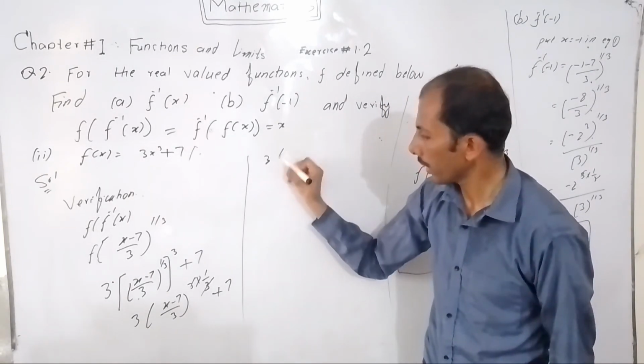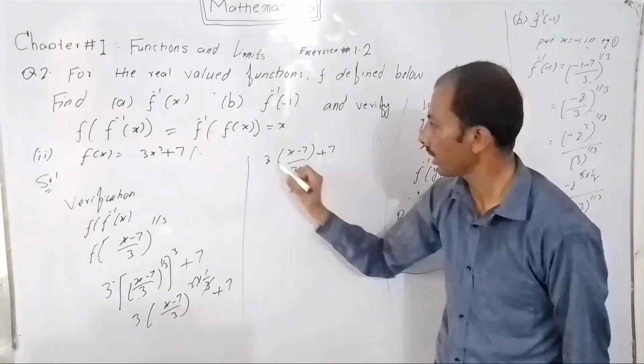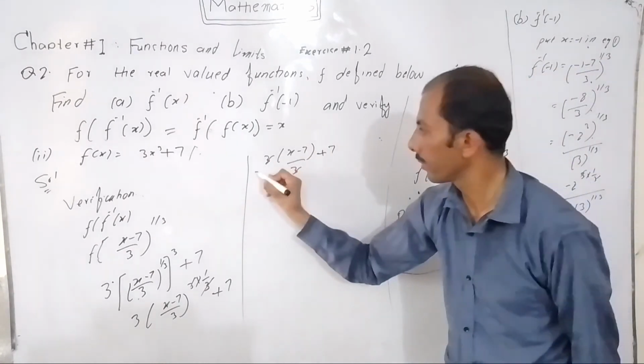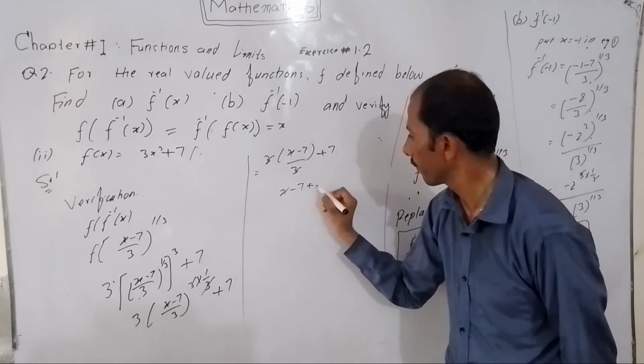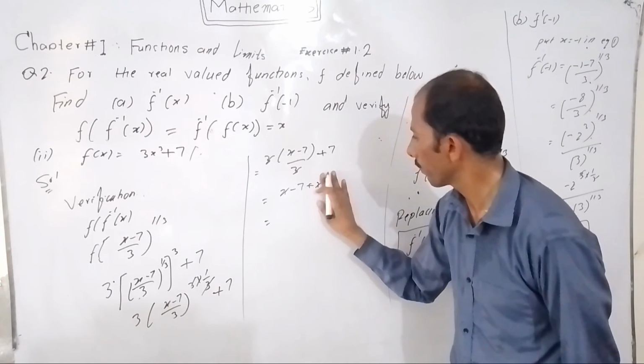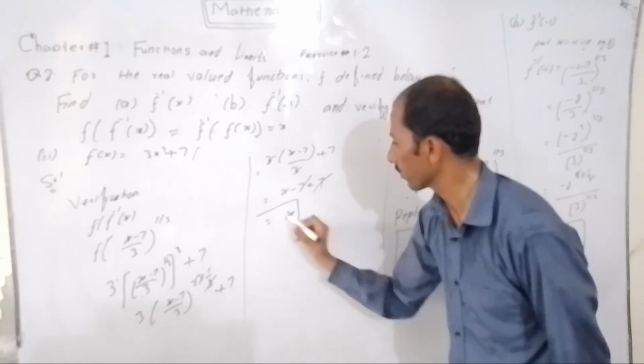So 3 times x minus 7 divided by 3, plus 7. 3 cancels. x minus 7 plus 7, minus and plus cancel, is equal to x.